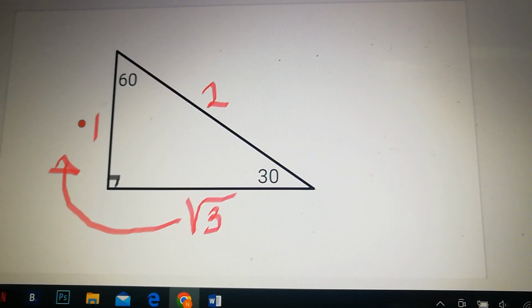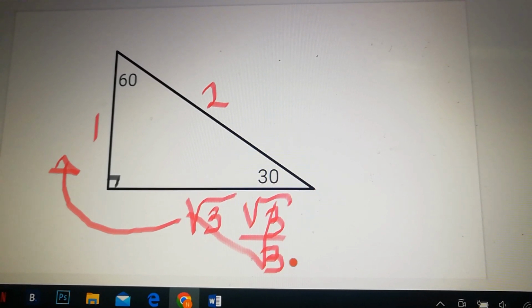Dividing a number by square root of 3 is the same as multiplying by square root of 3 over 3. Okay? So divide this by square root of 3, the answer is 1. Or multiplying by square root of 3 over 3, then we just simply cancel this. The square root of 3 times square root of 3 is equal to square root of 9, which is equal to 3. Okay?